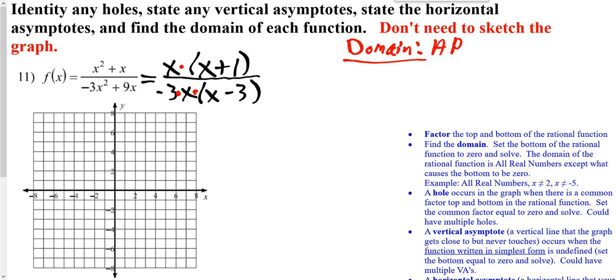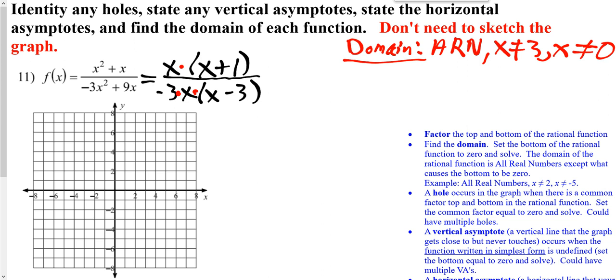It's going to be all real numbers, except what causes the bottom to be 0. You set the first one equal to 0. X minus 3 equal to 0. Solve that for x, and you get 3. And then you can set your negative 3x equal to 0, and you solve it for x, and you get x is equal to 0. So those are the numbers you cannot use; the domain is all real numbers except those.